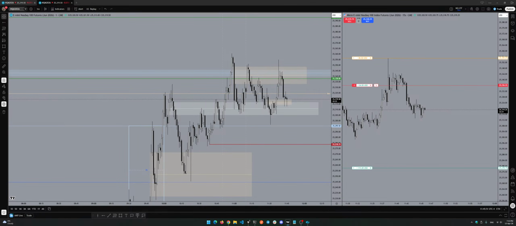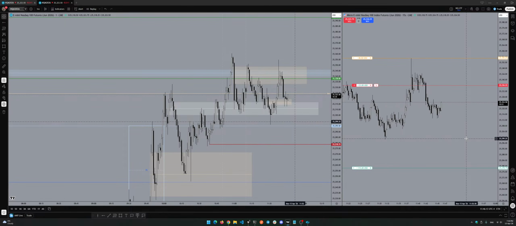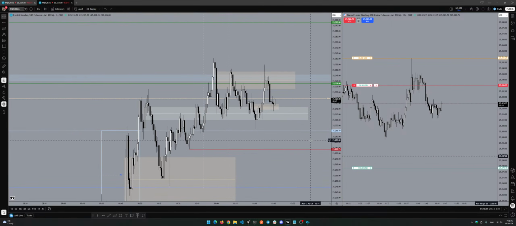Fifteen minutes. Checking on my other screen. ES and then NQ. After raiding this high, I'd like to see some raids below, even this minor sell-side liquidity.